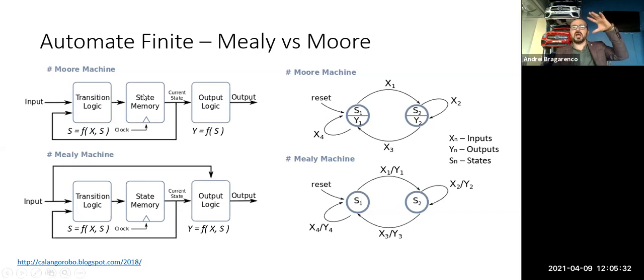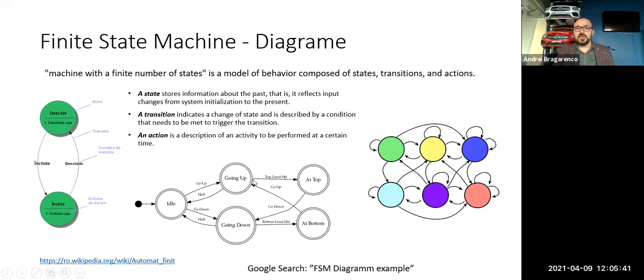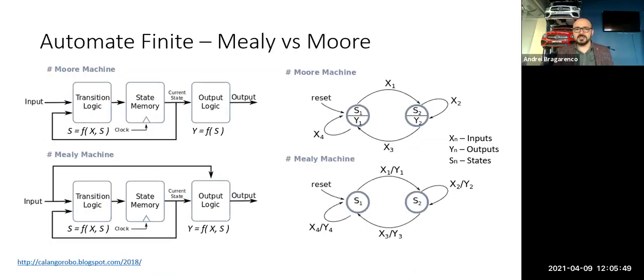State one, going up, going down, opening, closing, doesn't matter what, but according to our state machine design, we decided that we will have this finite number of states. Now, for changing state, we have a transfer logic or transition logic that changes states depending on the sensing, or whatever kind of input we are using for that.